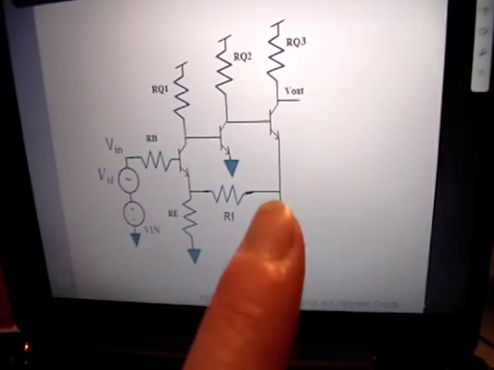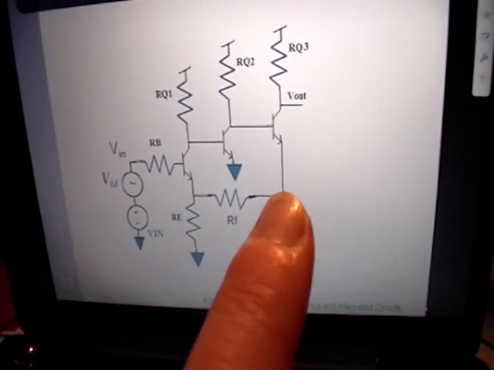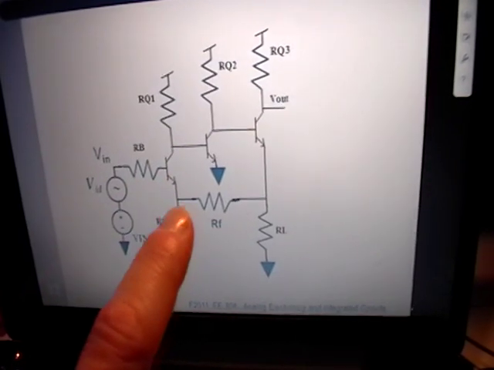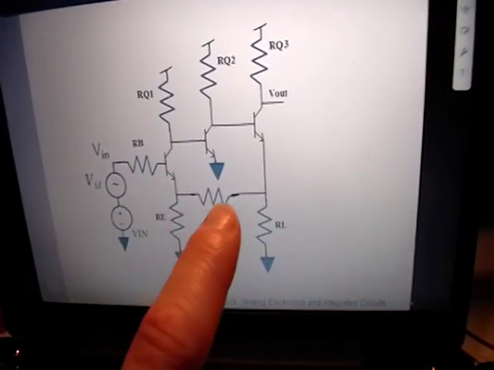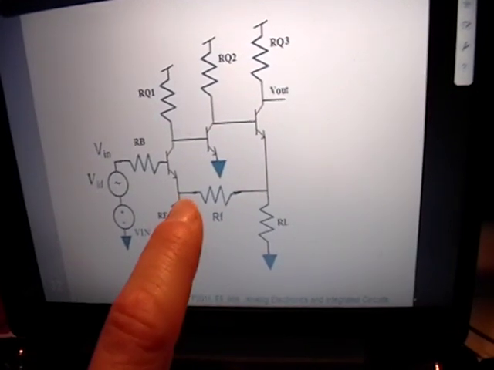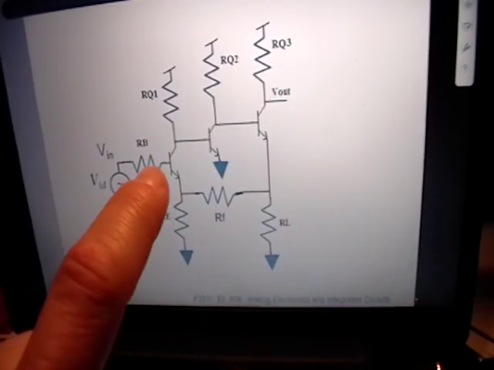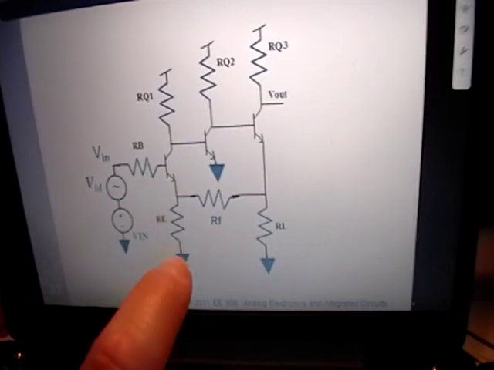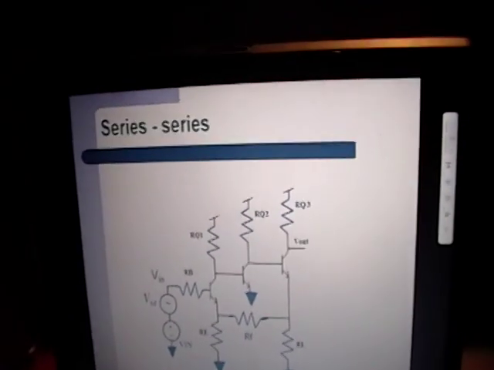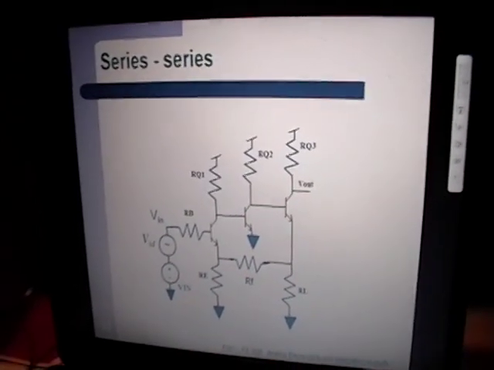V out and the input to the feedback network are different nodes, so that has to be series. The output of the feedback network is not coming to the same node as your input, so this is series again. So it's a series input, series output. This is a series amplifier.